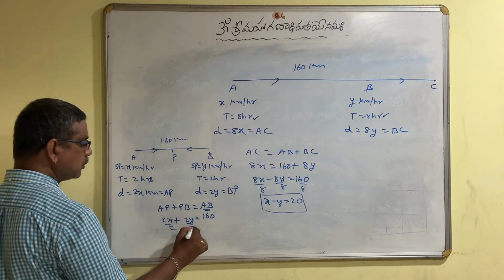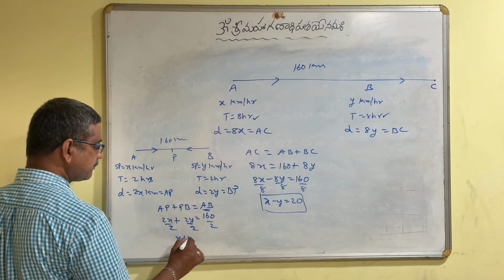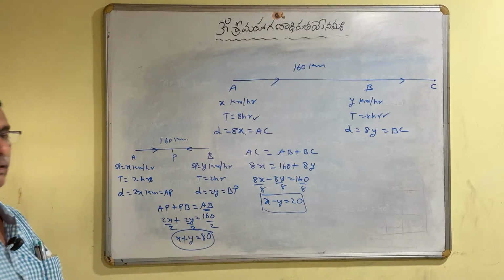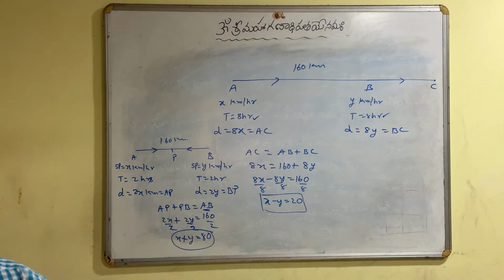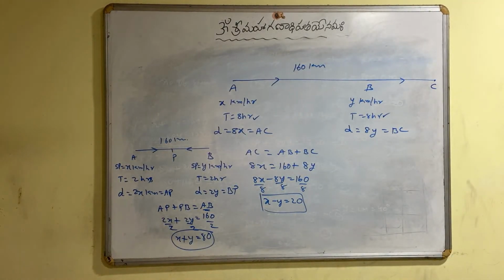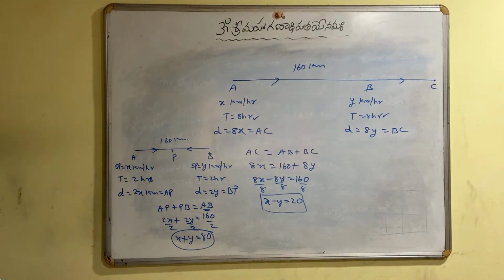Then divide with 2 on both sides. X plus y is equal to 80. Now we have two equations. Solve for x and y, find out the speed of both cars, children.